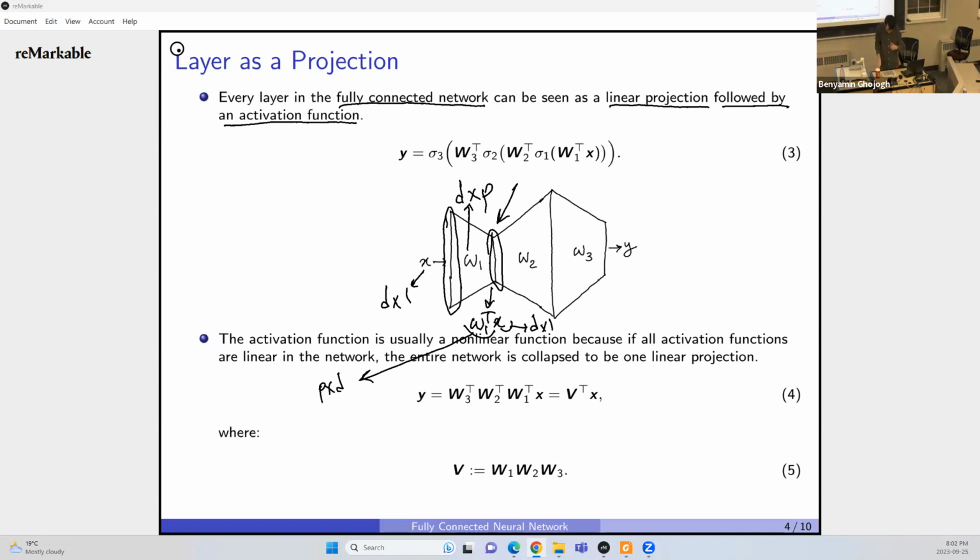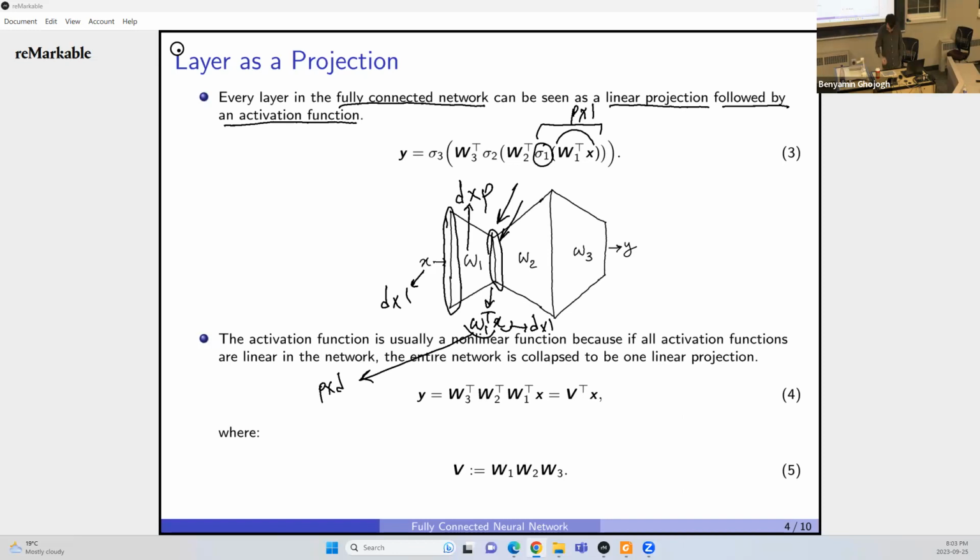Then I feed this P-dimensional vector to the activation function of the first layer, sigma 1. By the way, this is also P by 1, because I apply the activation function element-wise on the P-dimensional vector. So sigma 1 of W1 transpose X is also P by 1.